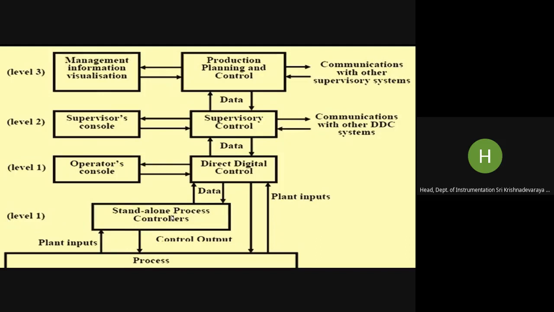Then you will see from this onwards, you have more of data that's being collected, right? So as I said, if you have tens of 20, 30, 40 such process controllers, if you take a very big petrochemical or refinery, you will have hundreds of these process controllers. So each process controller is giving data to a direct digital controller here.